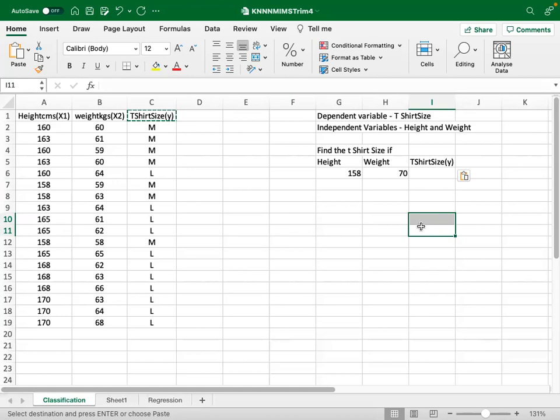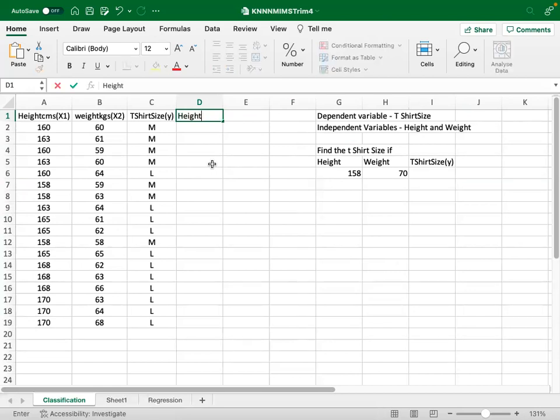So now we have to use the KNN algorithm to find out which t-shirt size the algorithm will suggest. Like I told you, first we need to scale the data. That is the first thing we have to do in the KNN algorithm. Now, height underscore scale, weight underscore scale.